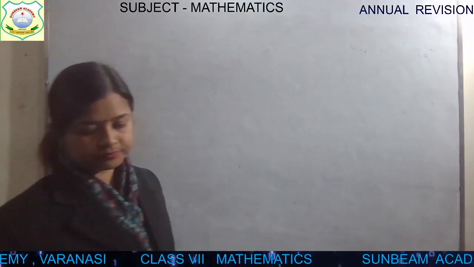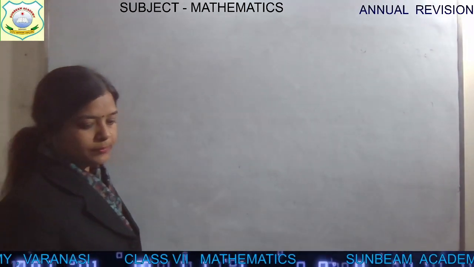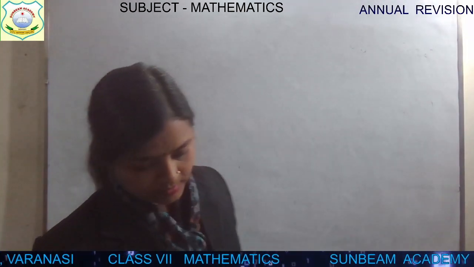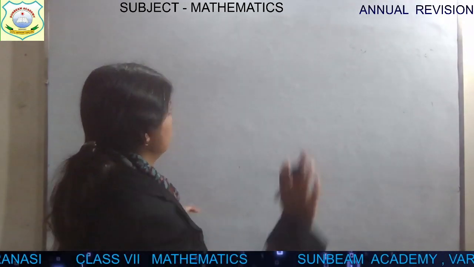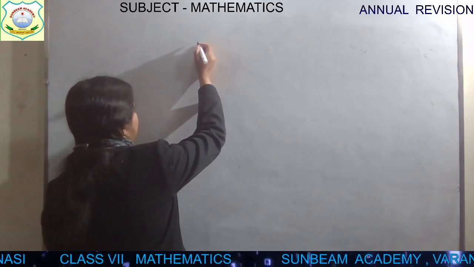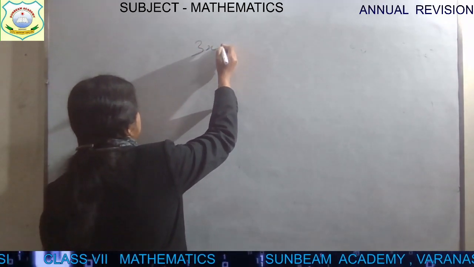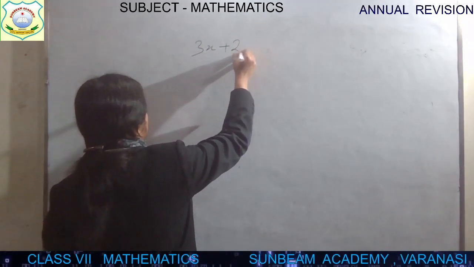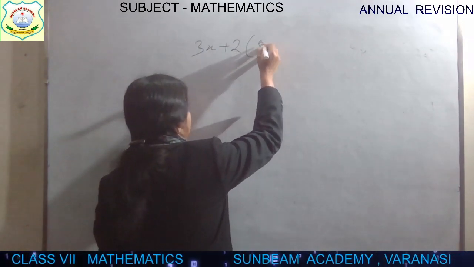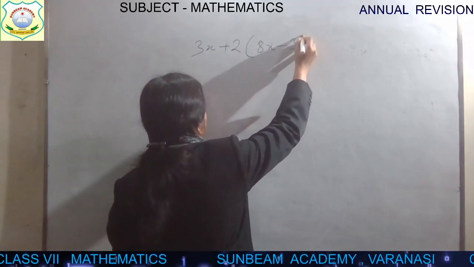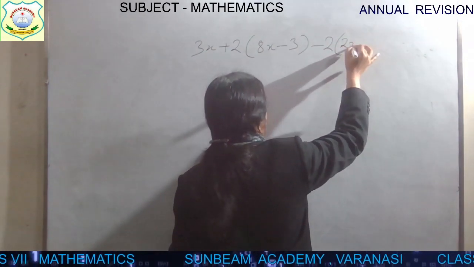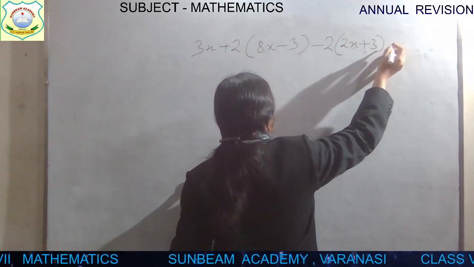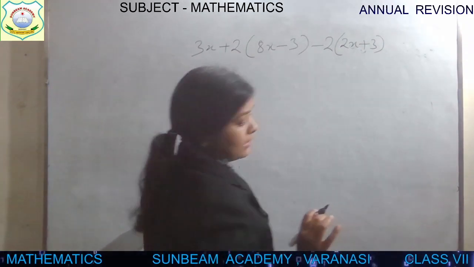So now find the product of this and then evaluate the value for x equal to 2. So we were having 3x plus 2 into 8x minus 3 minus 2 into 2x plus 3.